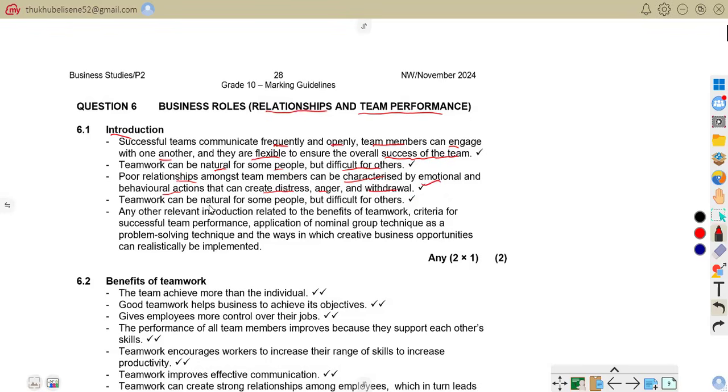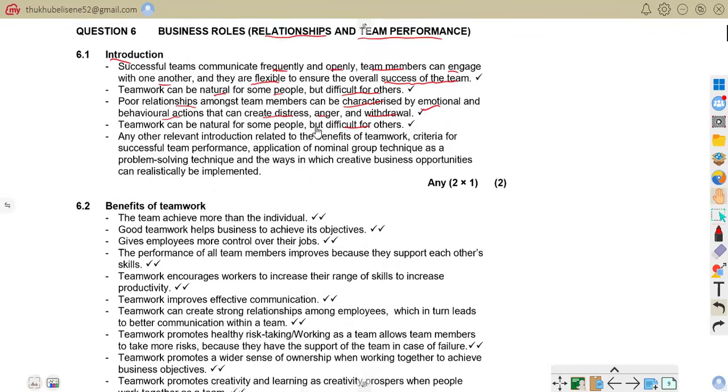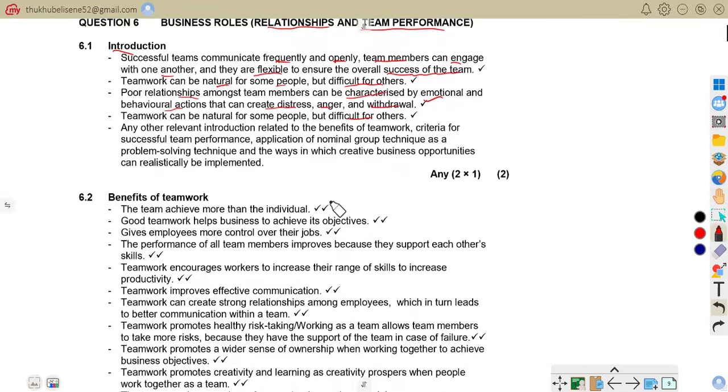So any of those points can earn you 2 marks for the introduction. Any point of those mentioned.